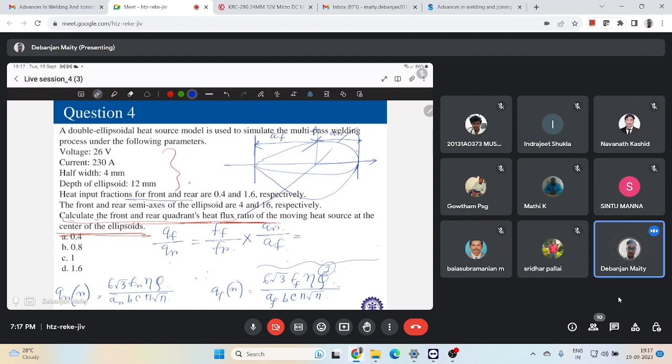the heat input fraction. Am I doing something wrong?